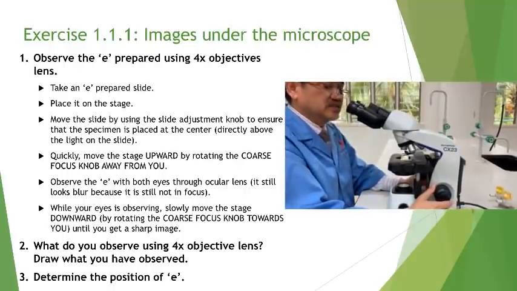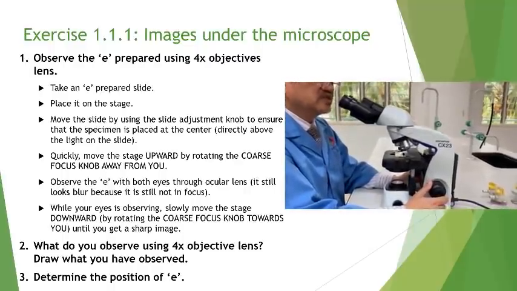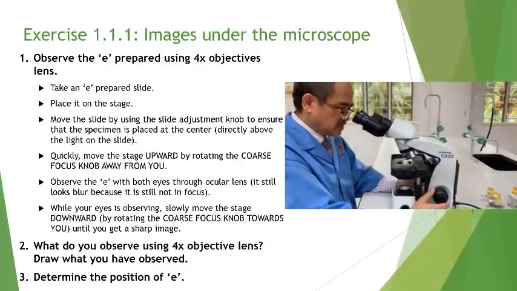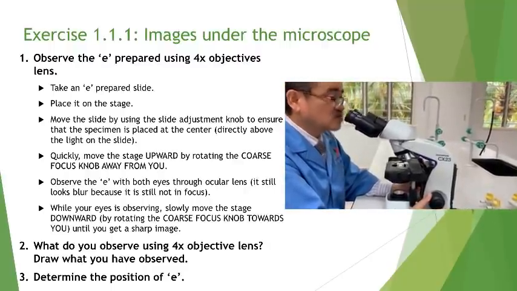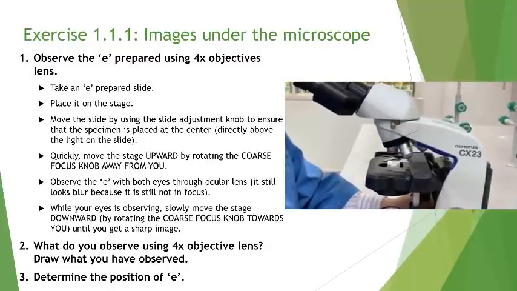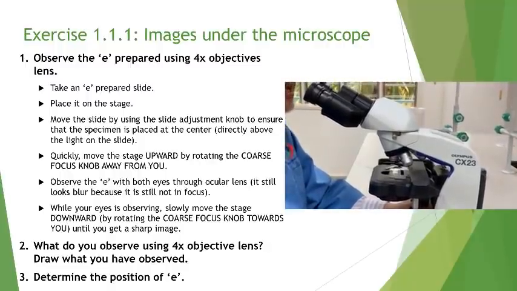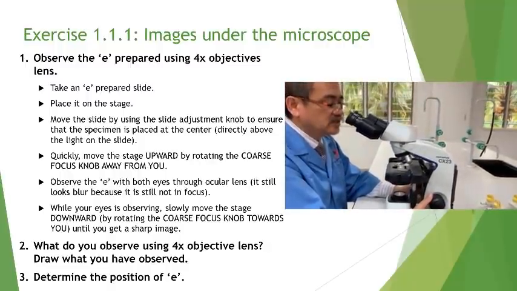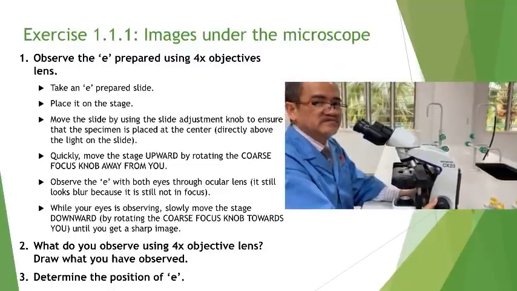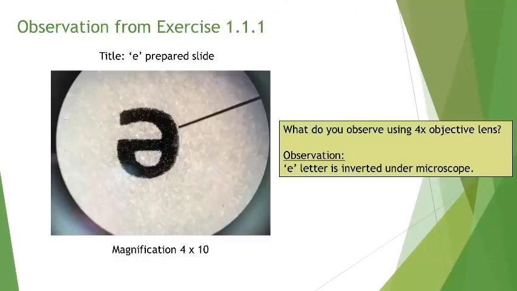Then answer this question. What do you observe? What are the characteristics of the image under the microscope, particularly the size? And then determine its position, whether it is straight or inverted. As observed under the microscope, the letter E is seen as an inverted letter.